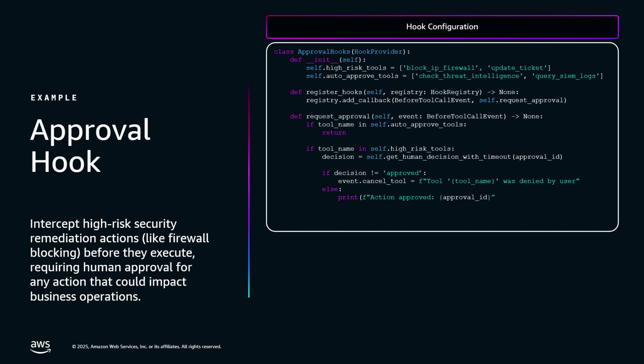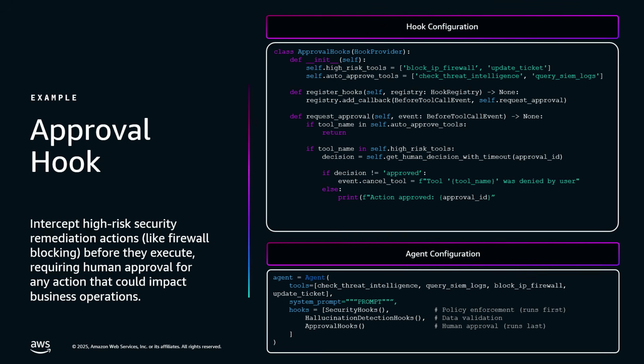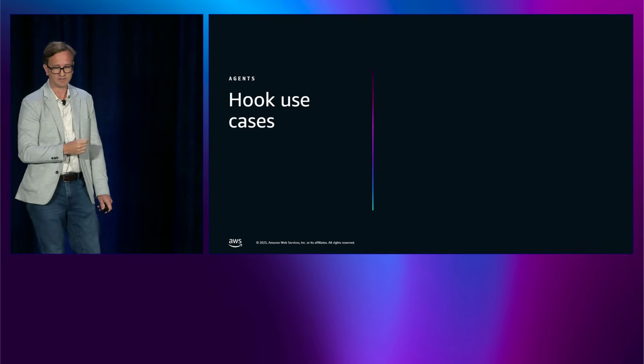When we see that tool call, we can say, here's a request for approval, and now we can maybe send a Slack message, or send a ticket to the appropriate team, and then they can review it and approve it or deny it before the agentic loop can continue.